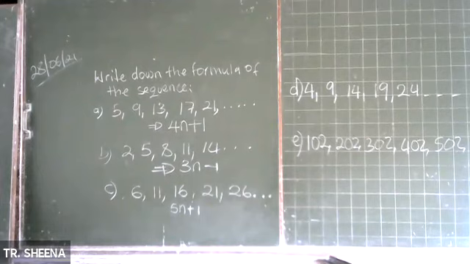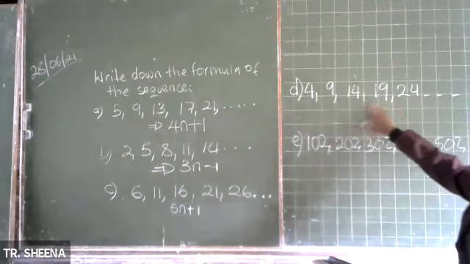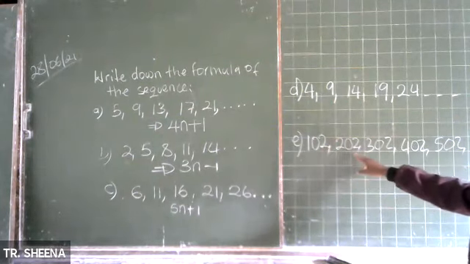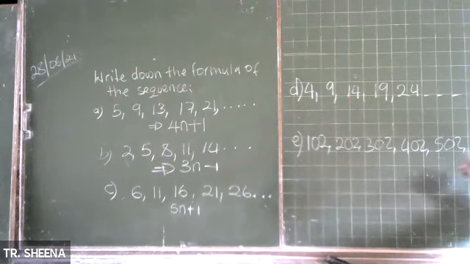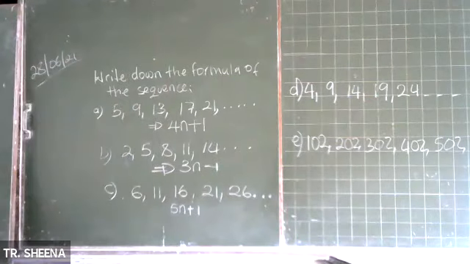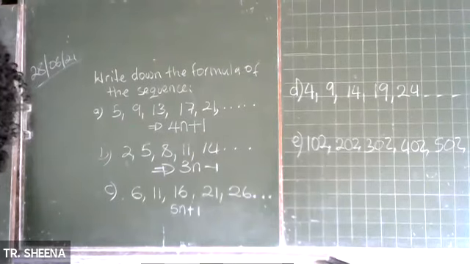I hope these numbers are clear. This is 4, 9, 14, 19, 24. This is 102, 202, 302, 402, 502. Are the hands up for that sequence? People are already giving answers.